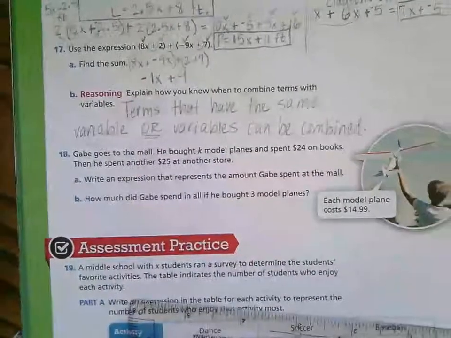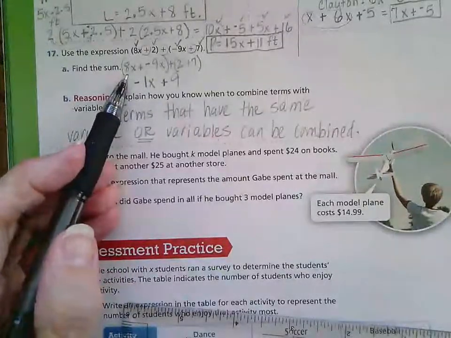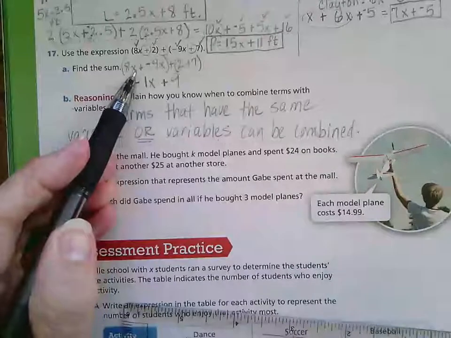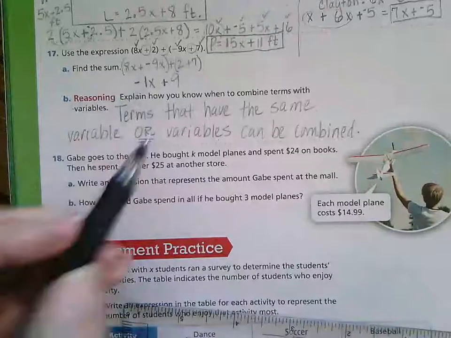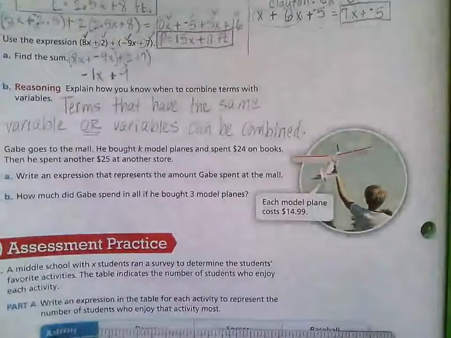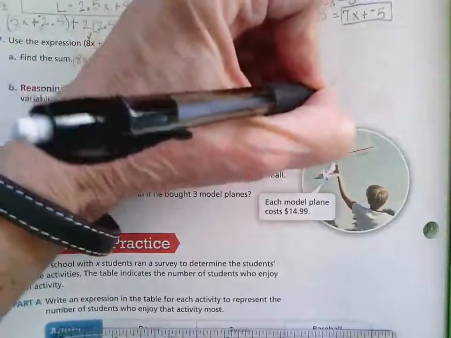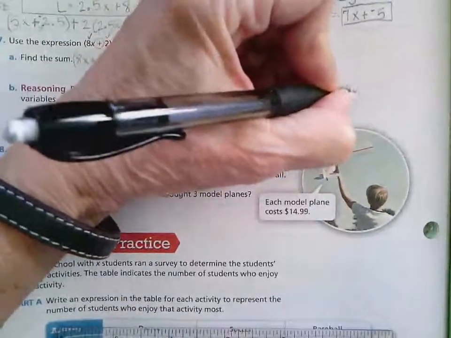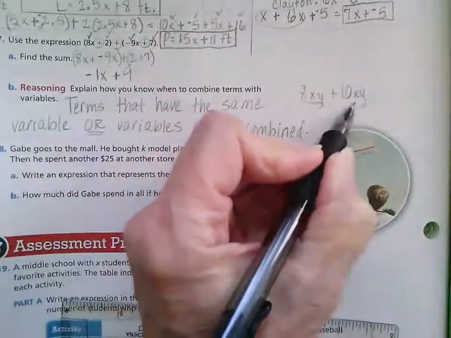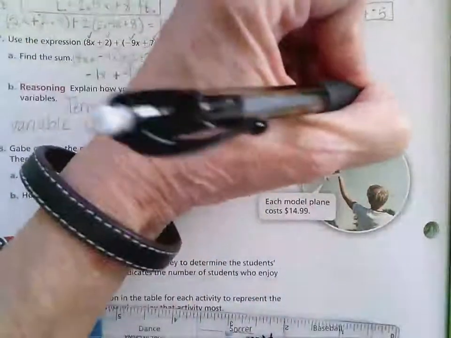We haven't talked about this yet, but sometimes you're going to have terms that instead of just having one variable, have two variables. And that's why "or variables" is written in there. For example, we could have 8xy plus 10xy. And as long as the variables are exactly the same, it actually doesn't matter the order.